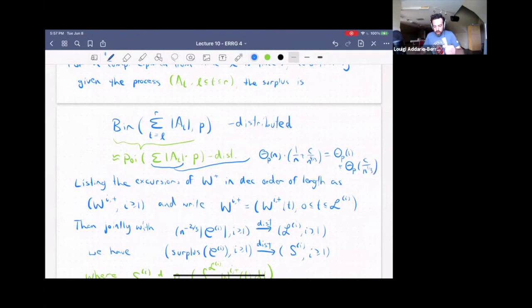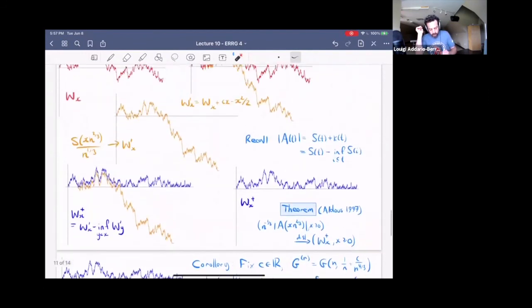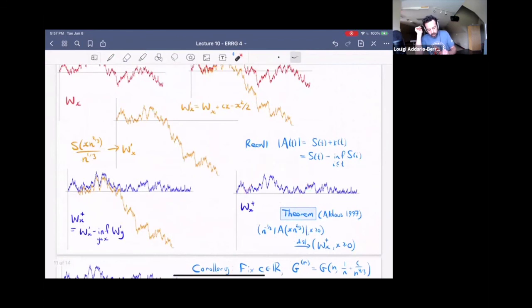So there is this correction to the probability, which affects the component sizes. It makes bigger components when C is large and positive, and smaller components when C is large and negative.